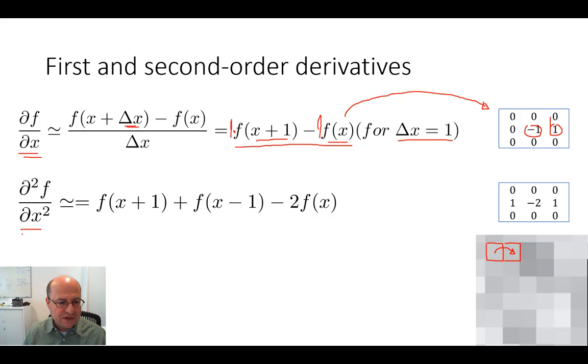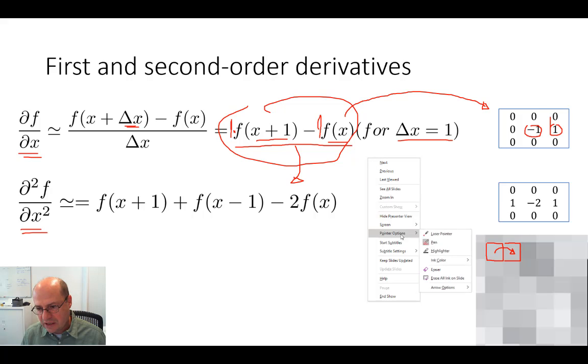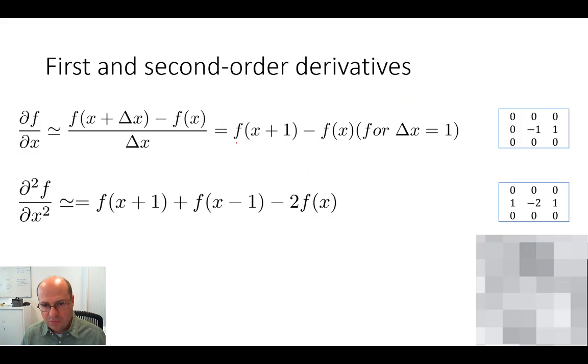If I want a second derivative, I'll let you do the proper mathematical derivation from this to that. It's very easy. You just apply this formula twice. Let me clean this slide. We apply this formula twice to get this.